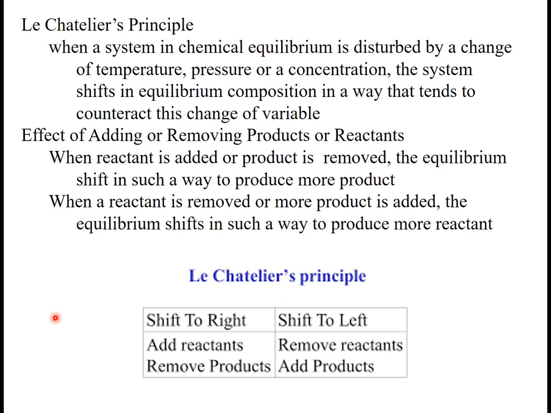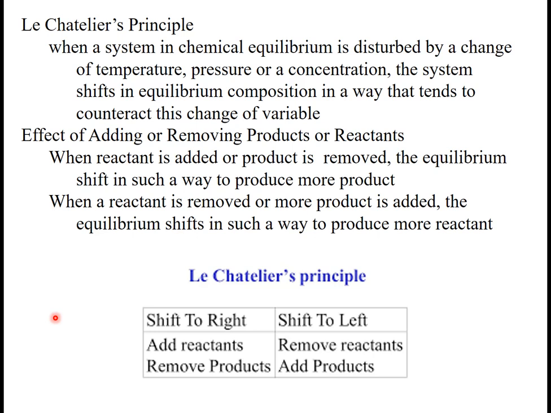This next section is the removing products or adding reactants in Le Chatelier's principle. So Le Chatelier's principle is something we've been talking about all along as a shift in the equilibrium by a change or disturbance in the system. And the examples I used in class or on previous videos have been things like when you climb the stairs, your breathing rate increases, and that's because the muscles need more oxygen, so you breathe faster to get a faster exchange of oxygen and carbon dioxide.